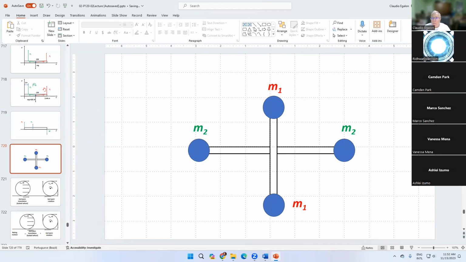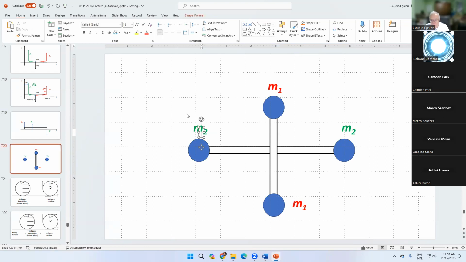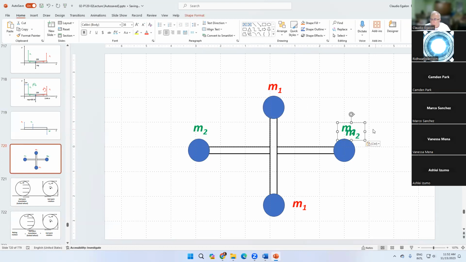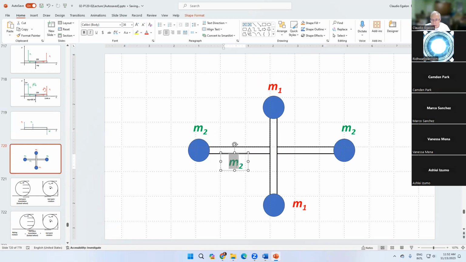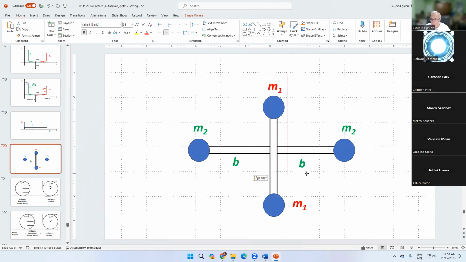Here is going to be B. B here, B here, from the center.